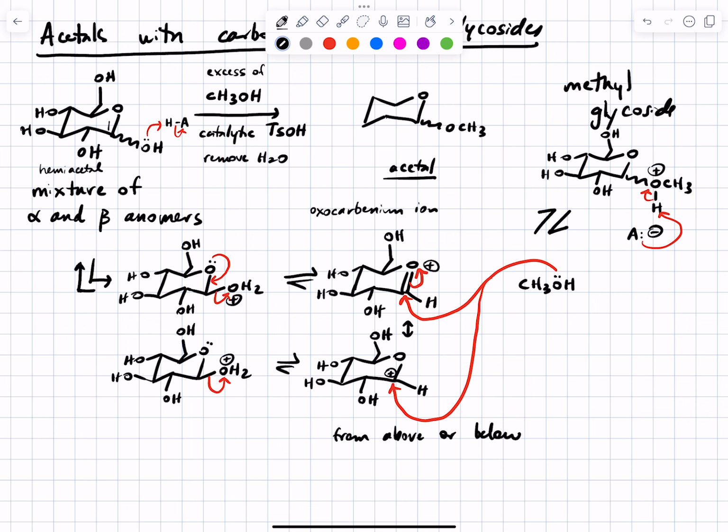Glycoside is a term we use for acetals that are formed from the hemiacetal carbons of carbohydrates. So this is the methyl glycoside of glucose. Okay.